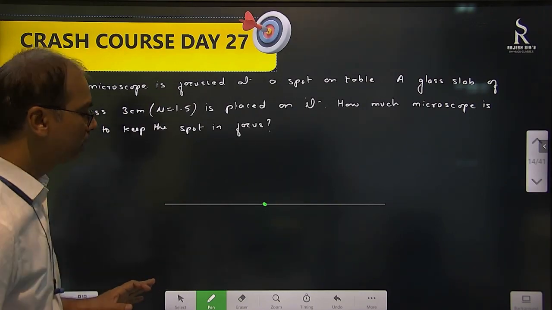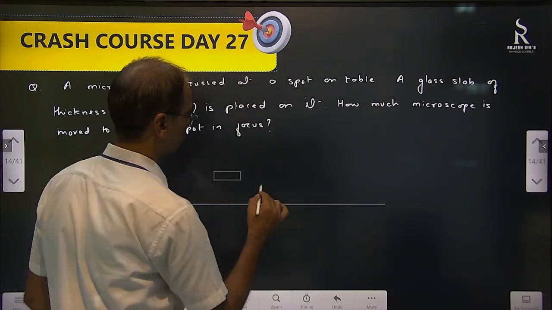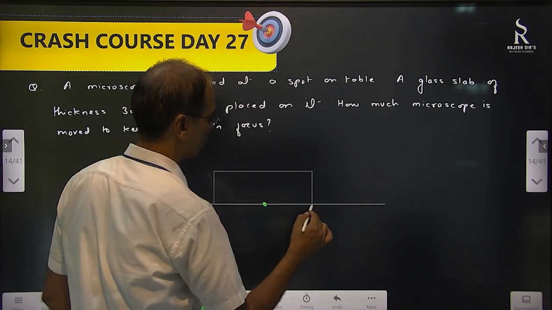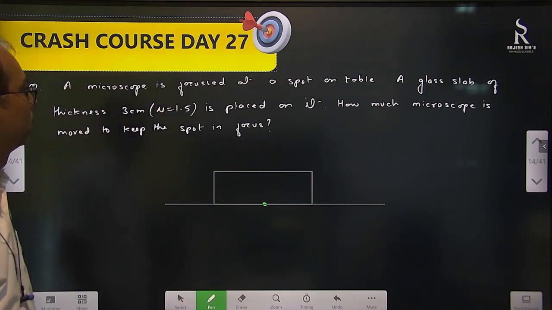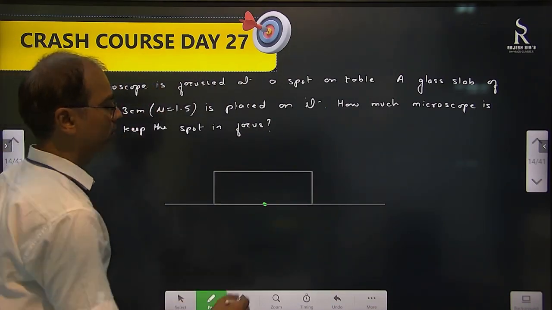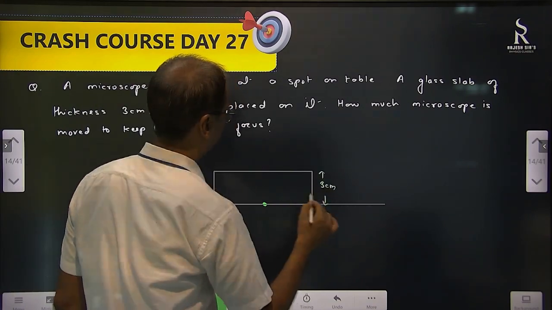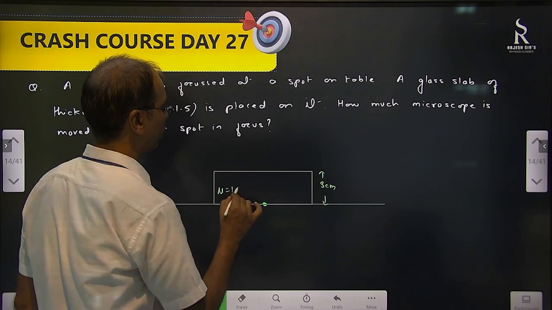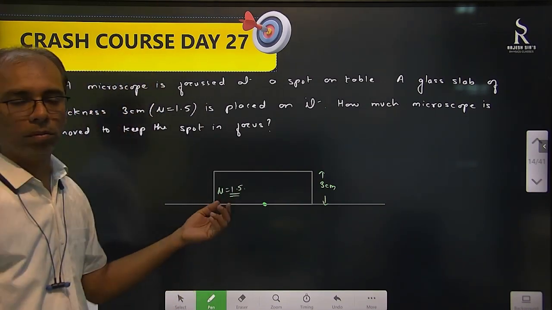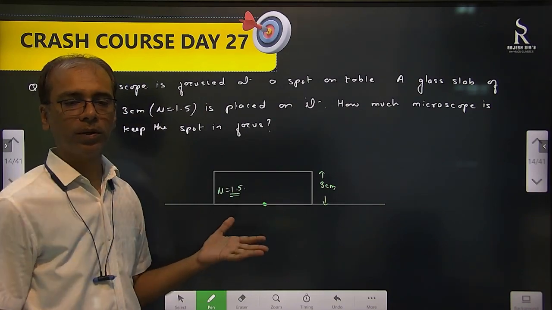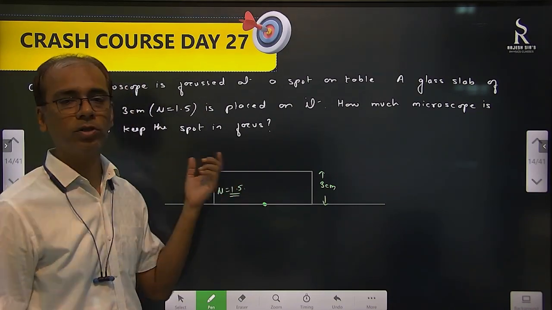Now you kept a glass slab over it, of thickness 3 centimeters and refractive index 1.5. Now the microscope wants to focus once more. So where should the microscope focus, and what should be the shift?